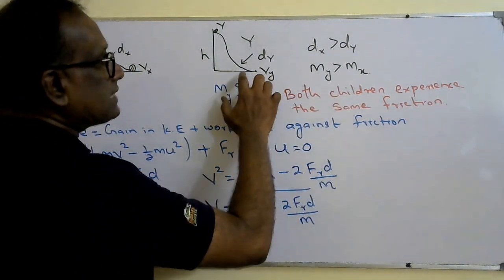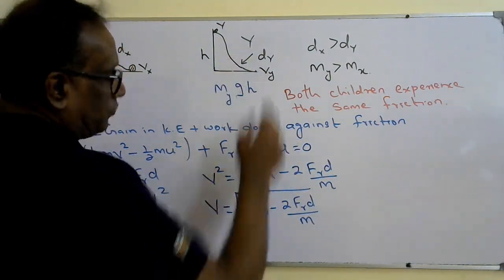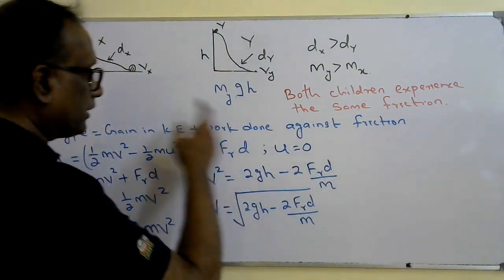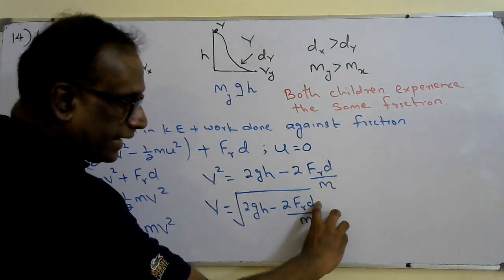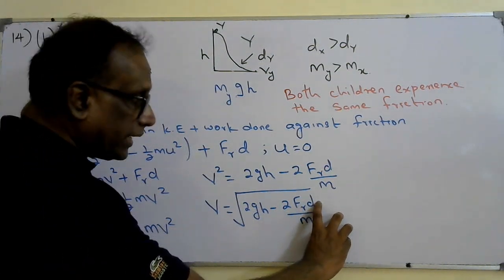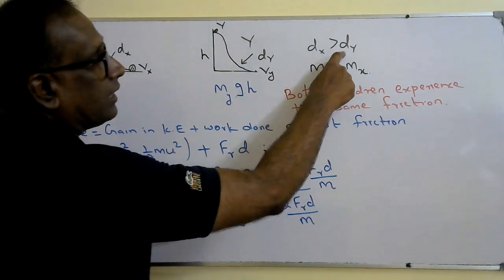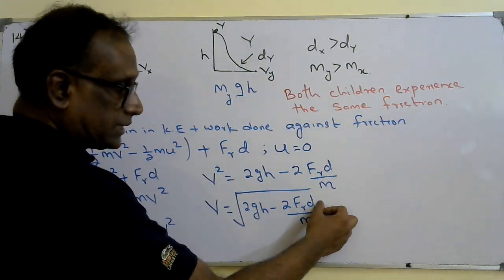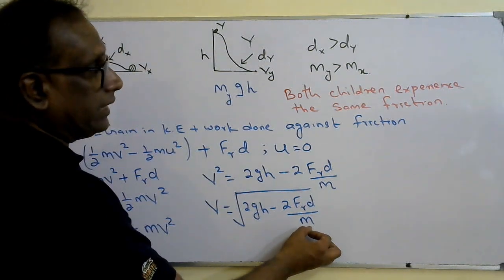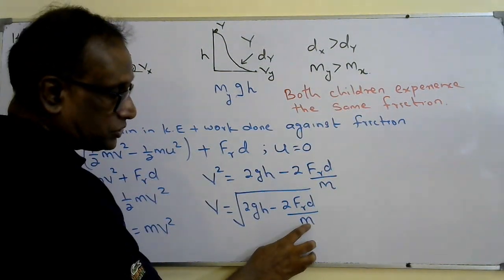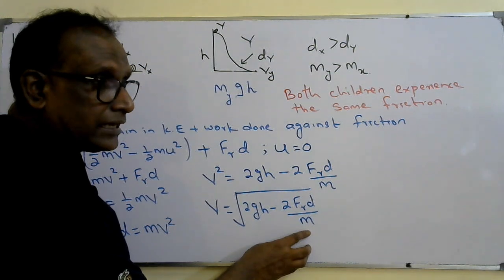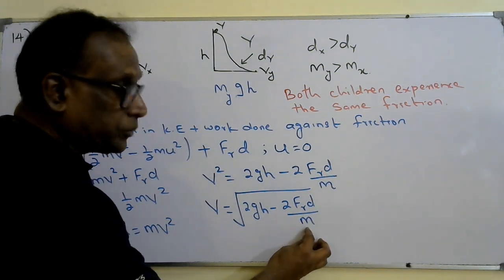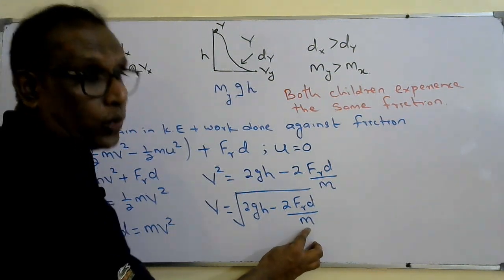When you consider the slide Y, dy is smaller than dx. So numerator has a smaller value. When you think about the mass, my is greater than mx. So denominator is becoming larger. Numerator is smaller, denominator is larger for Y.